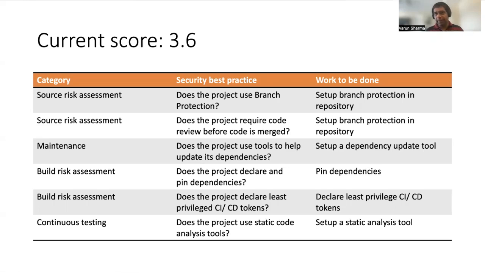We need to pin dependencies because if you don't pin them, whenever the dependency has a new version, it might just use the latest version and you don't get a chance to review if that latest version is going to work well or not. We then need to declare the least privileged CI/CD tokens, which is something specific to GitHub Actions workflows, and we need to set up a static analysis tool.